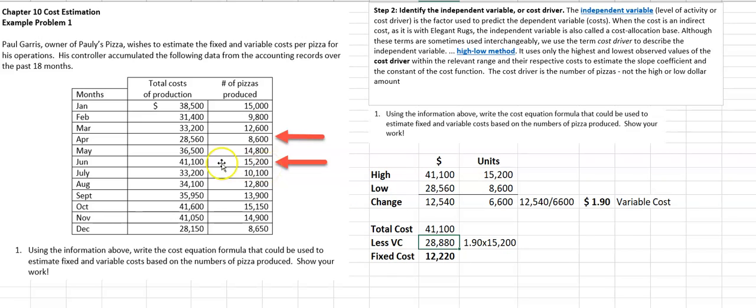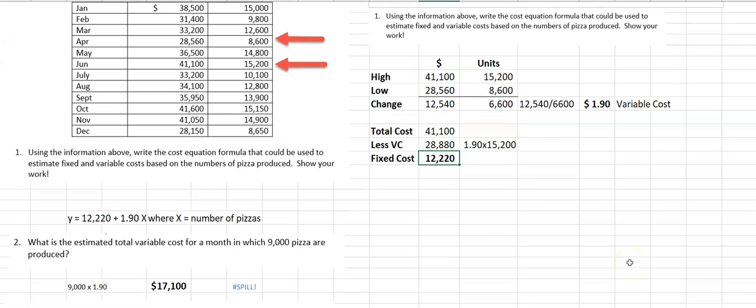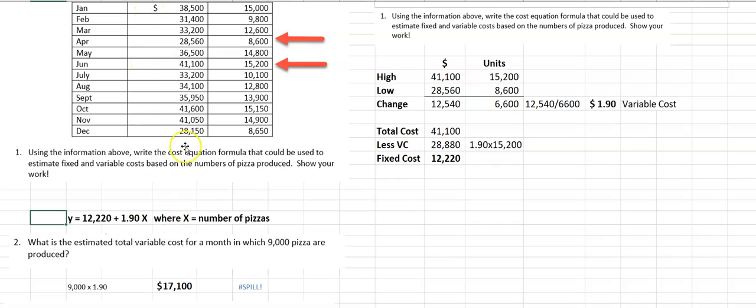If 41.1 is my total cost and my variable cost is 28.8, then my fixed cost is 12.2. And that gives us a cost function: my total cost equals 12.2 plus $1.90 x, where x equals the number of pizzas.